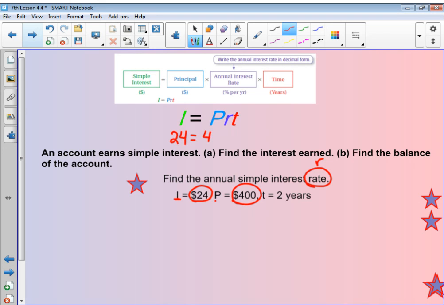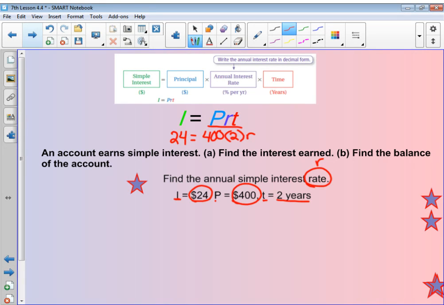Then I have times R normally, but since I'm multiplying between these last three things, I'm going to put the R at the very end. Remember, when you multiply, it doesn't matter the order. So for my T, I put the 2, so times 2 and then times R.